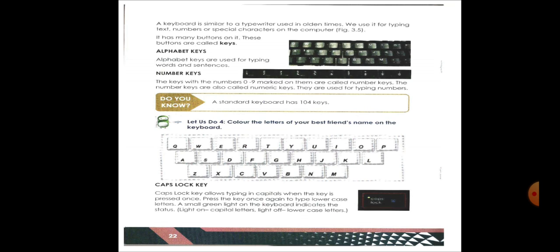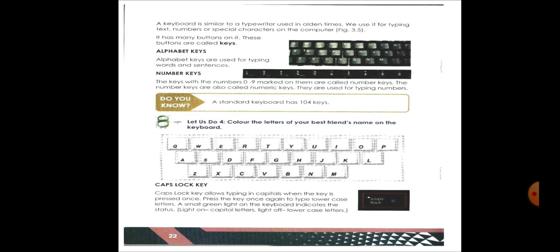Now, today we are going to learn the new topic, that is different keys from the keyboard. The first key is caps lock key. Caps lock key allows typing in capitals when the key is pressed once.